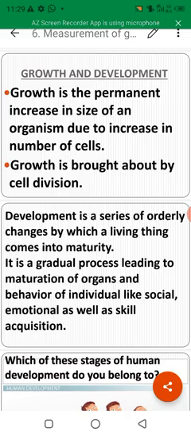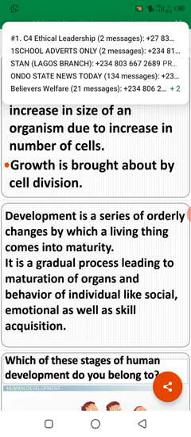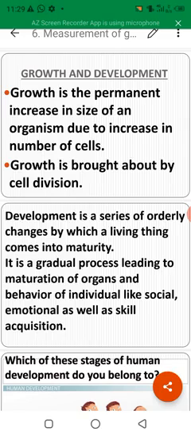Then what is development? Development is a series of orderly changes by which a living thing comes into maturity. It is a gradual process that leads to maturation of organisms, like the behavior of the individual. A small boy who was crying before over a little thing will now not cry again.